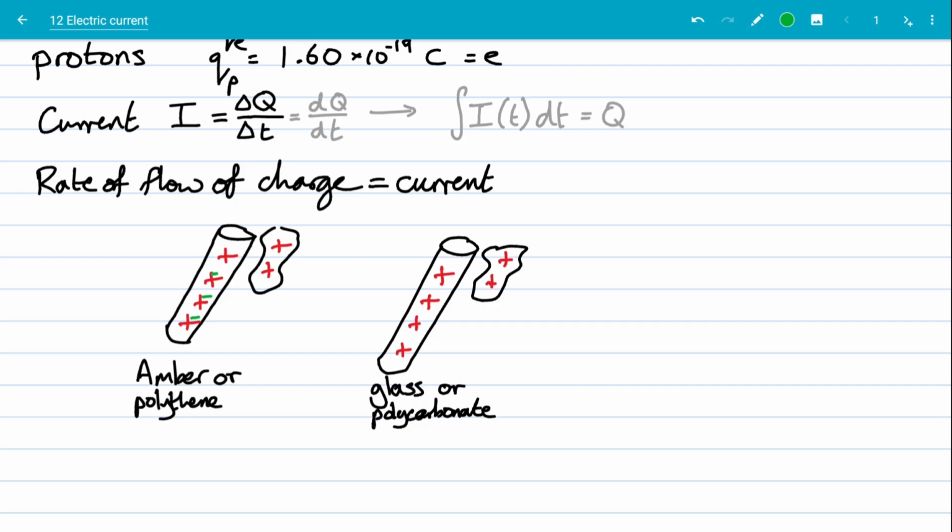And in the case of amber, that negative charge flows from the cloth to the rod. So the rod will actually gain some negative charge. Whereas for the glass, the rod will lose some negative charge and the cloth gains negative charge. Draw a couple more minuses around the cloth.